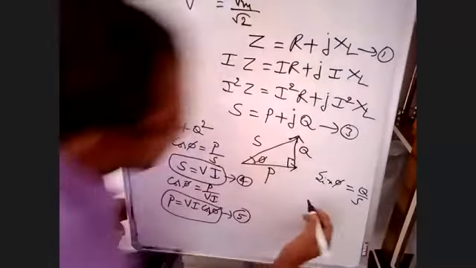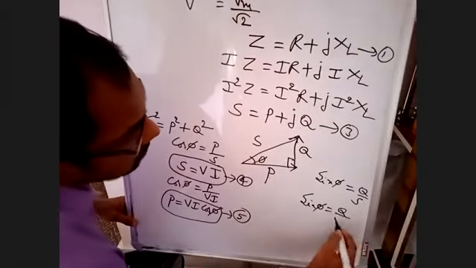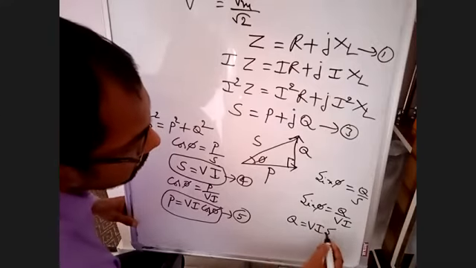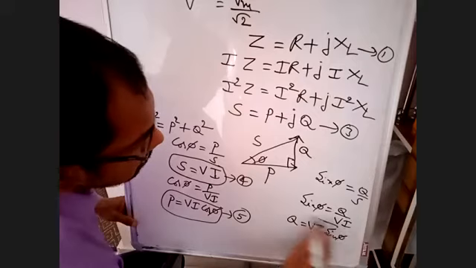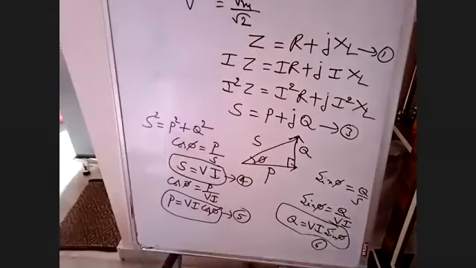Here also you substitute. So Q is equal to V I sin phi. S is the total power, equation 4. Equation 5 is real power. Equation 6 is imaginary power or reactive power. Please remember these formulas.